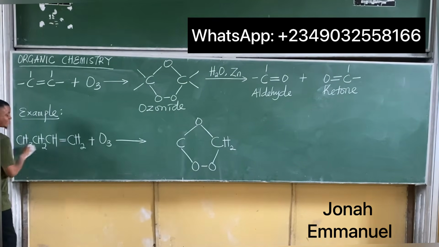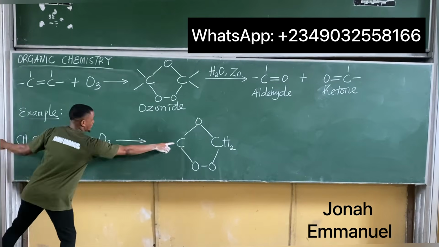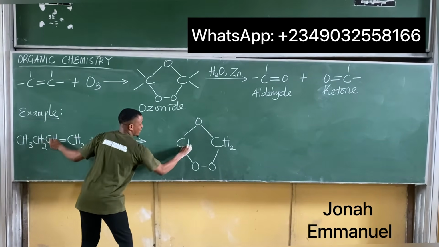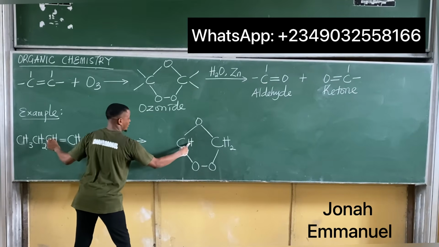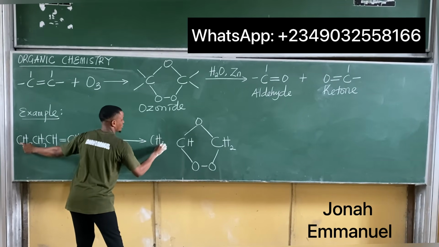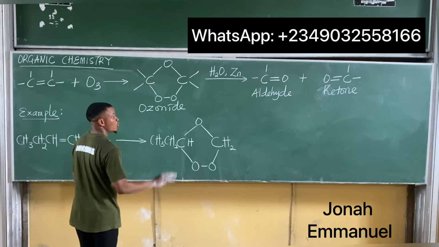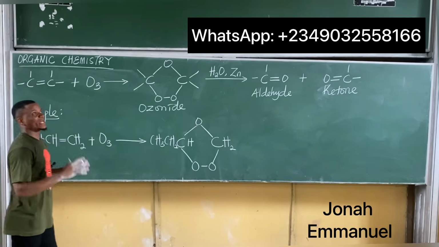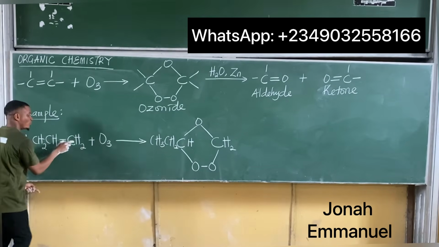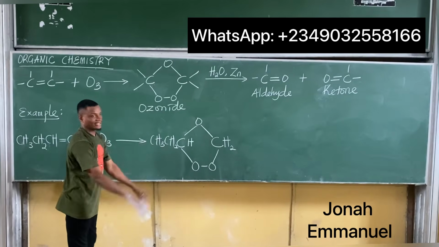The C you see here is connected here, and H, so it becomes 1, 2, 3. The first one becomes the alkyl group, CH3, CH2. The simplest explanation: hijack this one from the double bond and bring it here. It's called an ozonide. That's all.